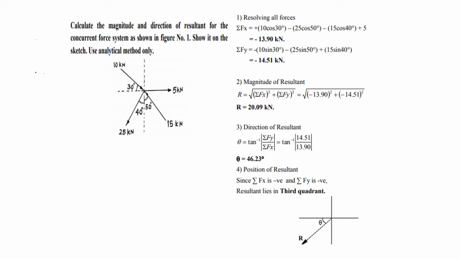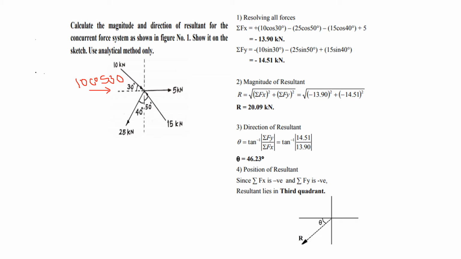We have taken it positive because when we resolve this 10 kilonewton, its horizontal component is 10 cos 30, and its direction is at the right side. So we will take forces having direction on the right side as positive.